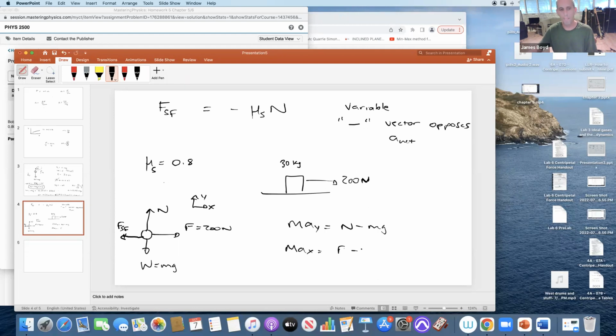MAX is F minus F of static friction. These are both 0 because we were told that it wasn't moving and it can't leave the surface. This tells us that the normal force is mg, which in turn tells us that the force of static friction is mu s mg. Therefore, the force of static friction is equal to the force from there.